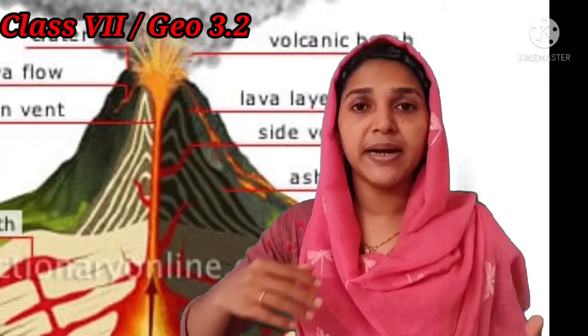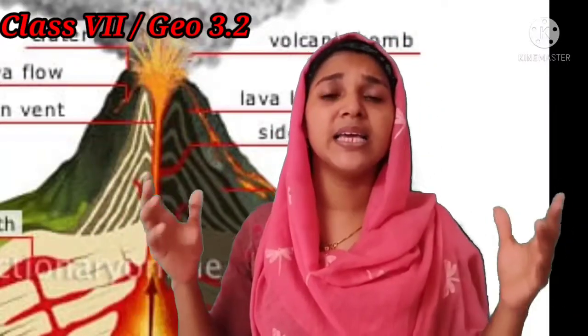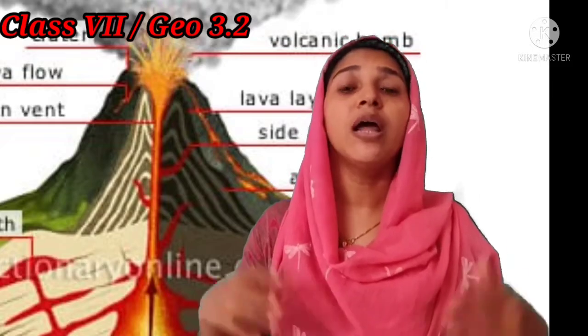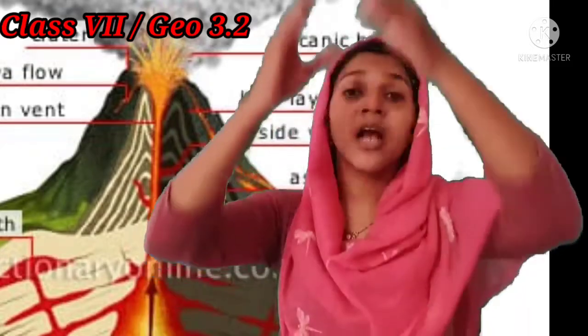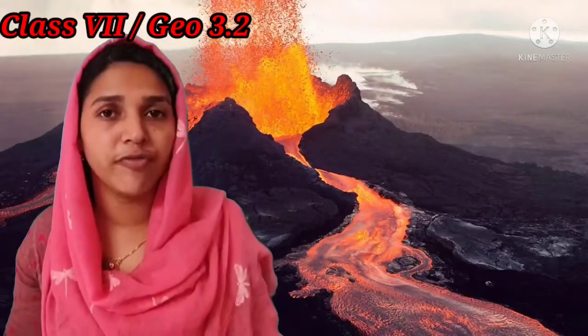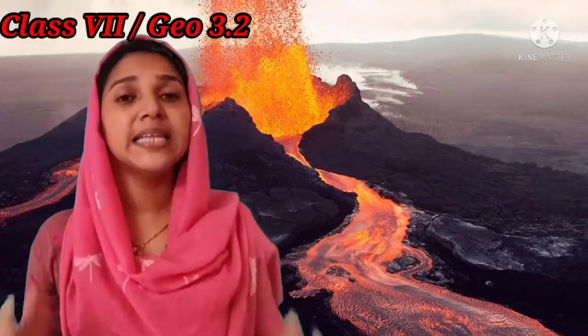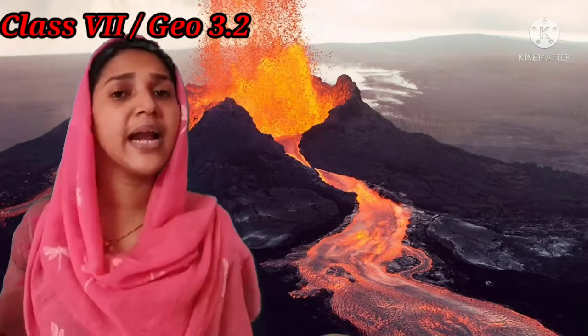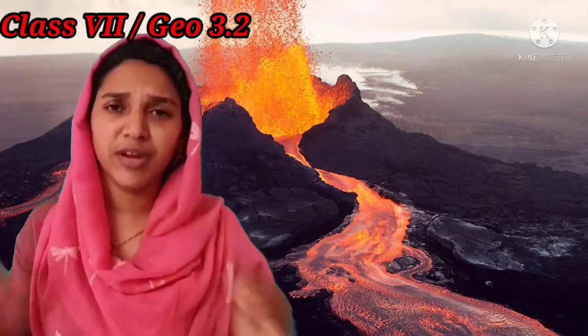With an opening vent on the top, that is called a volcano. So what will happen? When the magma is highly tempered and hot, the molten magma or burning magma comes out through this opening to the outside of this mountain. When the hot magma flows outside, it will destroy everything.